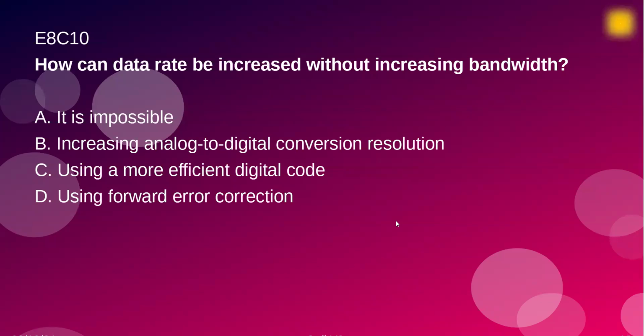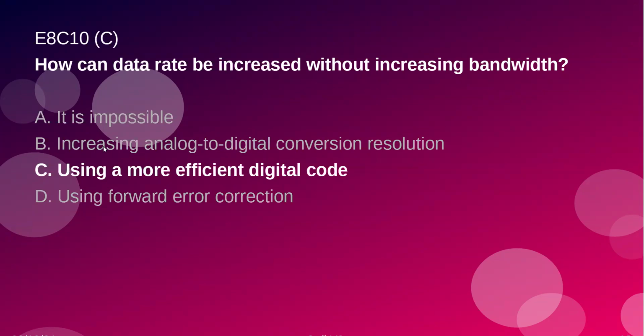So how can data rate be increased without increasing bandwidth? In FT8, if you're using 3 bits, you can represent 8 different values. The 8 in FT8 is 3 bits, because it's 8 states.